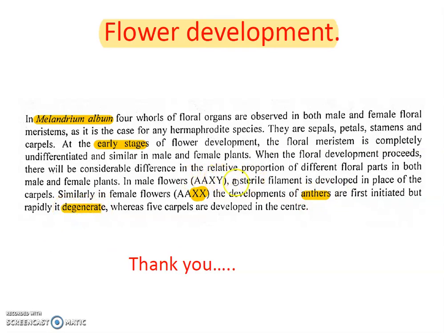And in the XY condition, the female filament is developed, but it becomes sterile, not fertile. So the female part becomes sterile due to the Y chromosome, and here the anther first develops, but after that it degenerates because of the lack of a Y chromosome. So that's the way sex is determined in Melandrium album.